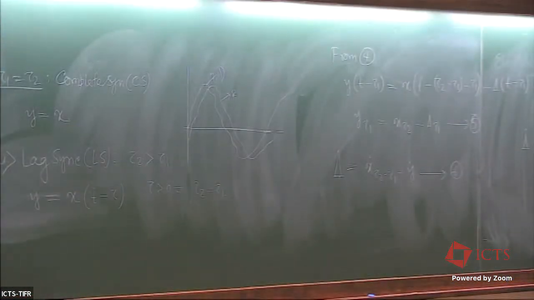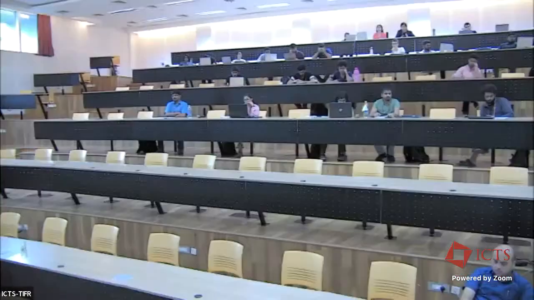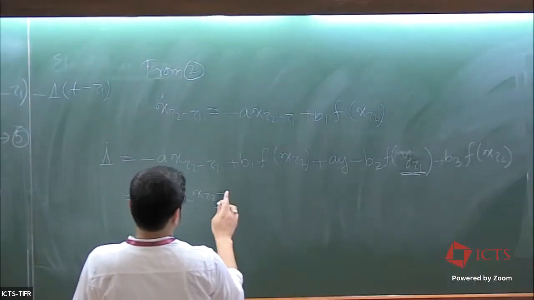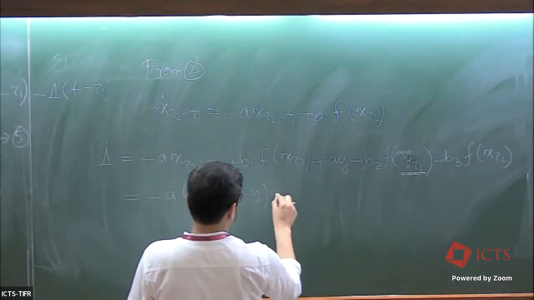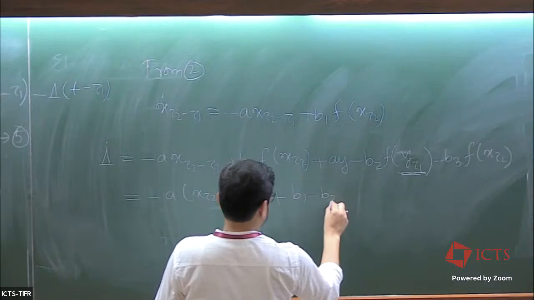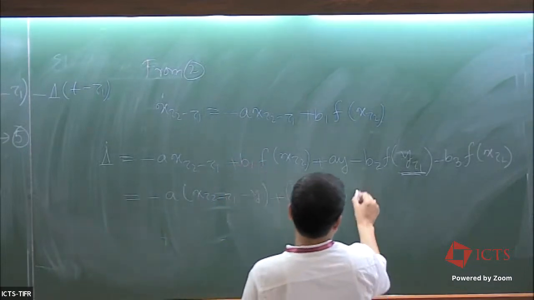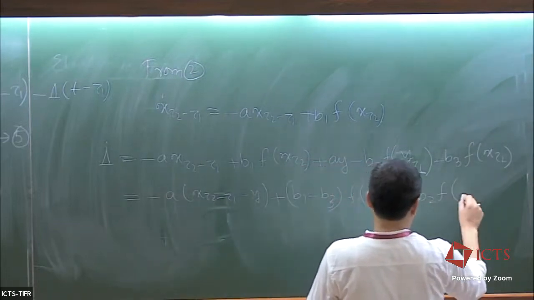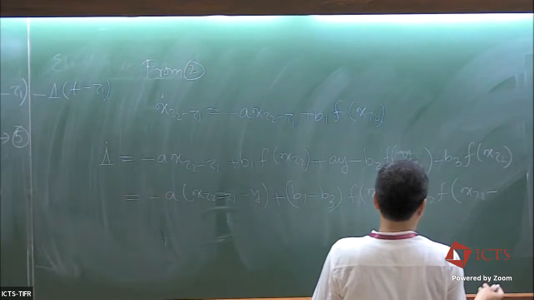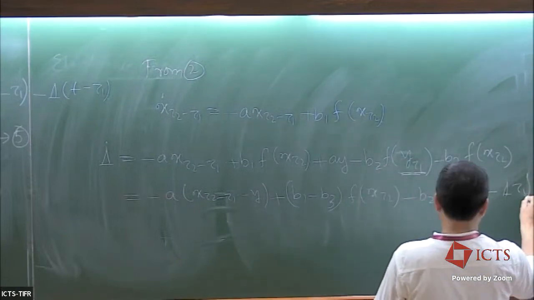Now, if I put in what we just obtained, then we get delta dot is equal to minus a times the quantity x of tau 2 minus tau 1 minus y, plus b1 minus b3 into f of x tau 2, minus b2 f of x tau 2 minus delta tau 1.